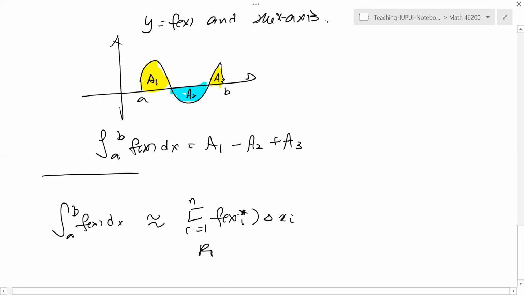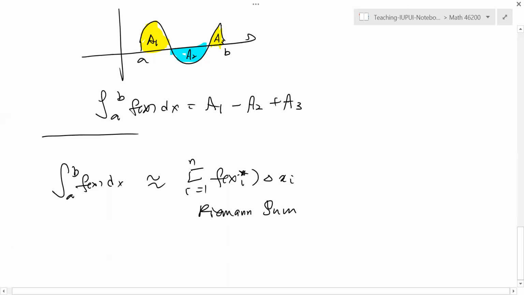Now, this is called the Riemann sum. Actually, Riemann was the first person to talk about the limit of those sums. He showed that. The question, since this is your definition, is whether the limit exists.